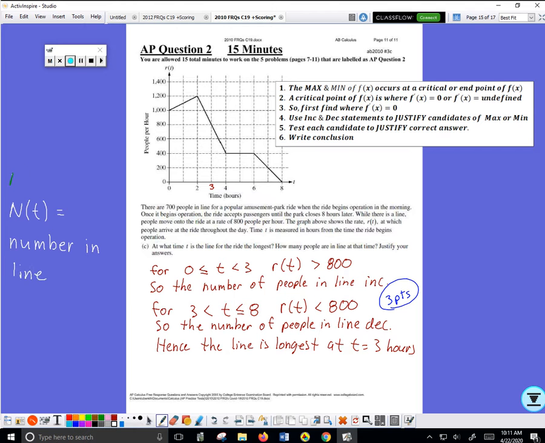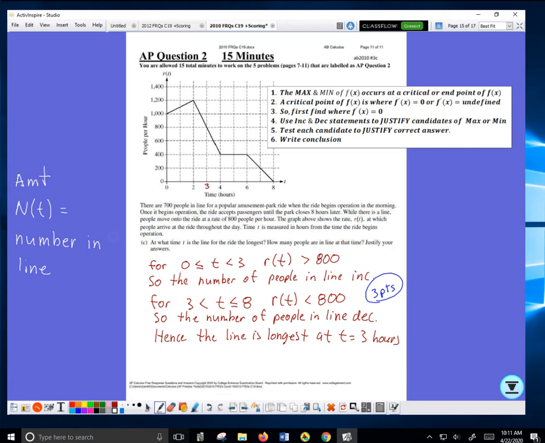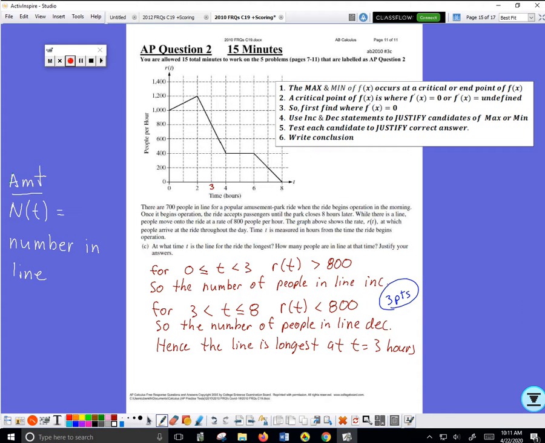So I'd write on my paper, n of t is number of people in line. Okay with that? And I make note that that's an amount. So the number of people in line is an amount. You good there? Yeah. Okay. That means there is a rate at which n changes. That's n prime.